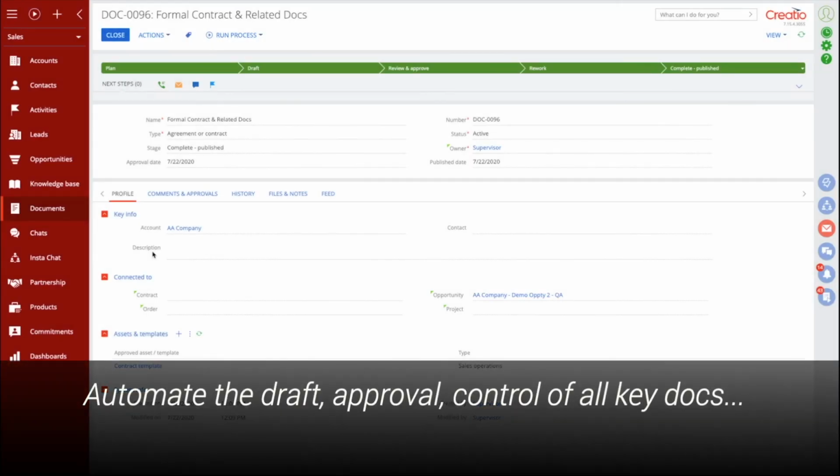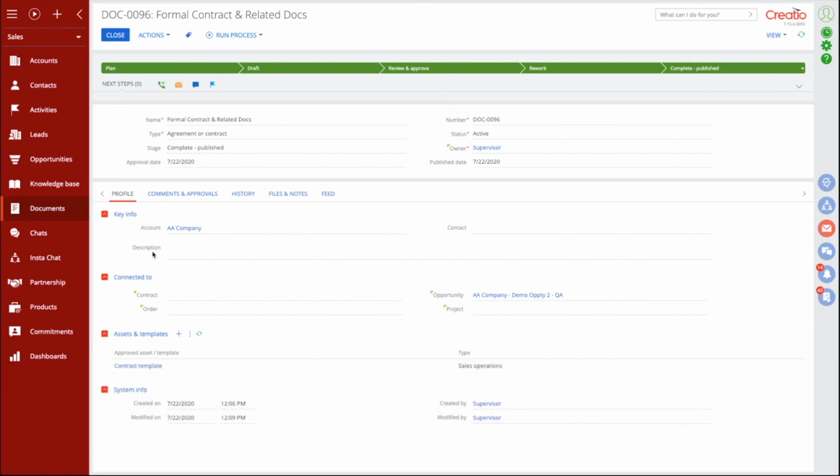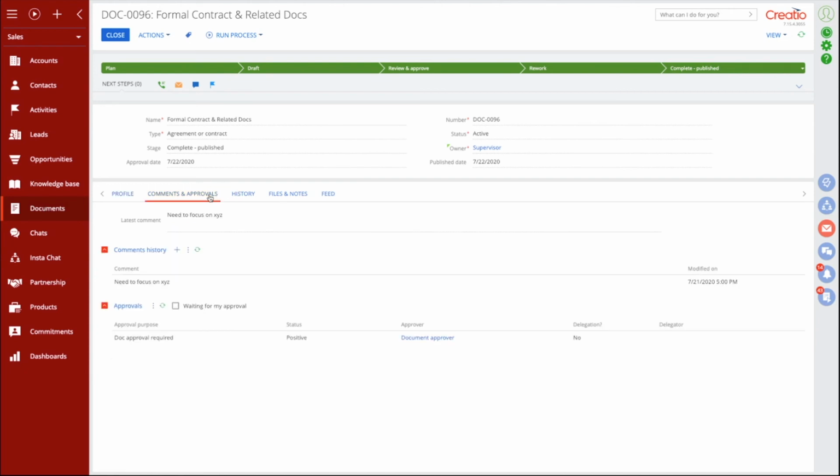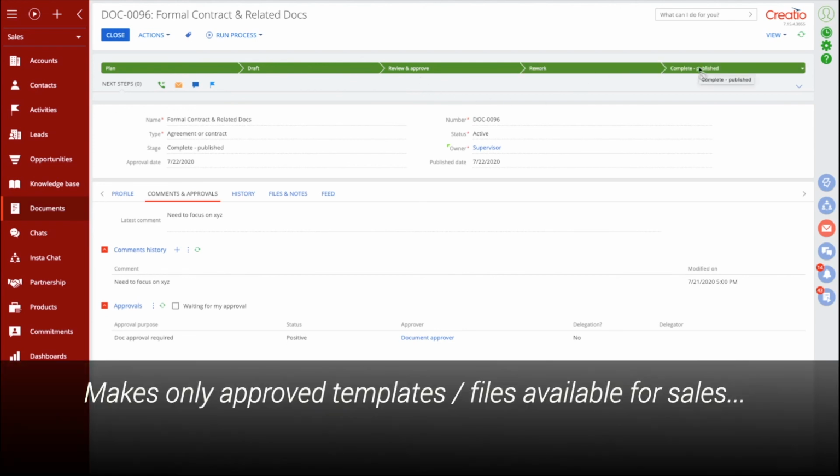Finally, for actually developing the templates that are in the repository that we just quickly looked at, we have so-called documents. These are not the Excel files or the Word files, which can be attached. This functionality is to support the process of drafting, reviewing and approving, perhaps reworking, and eventually publishing our assets or documents that are relevant to the sales process.